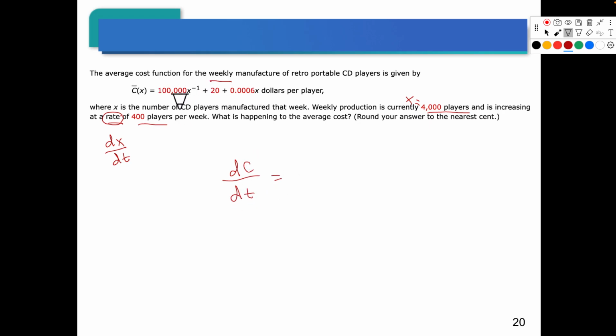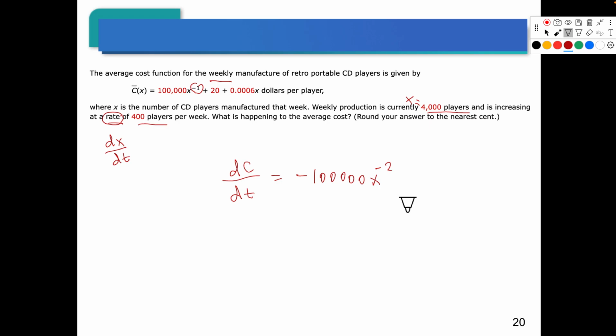We take the derivative, so we've got 100,000 x to the minus 1. So remember that this exponent is going to come down in front. So we'll have negative 1 times 100,000, so negative 100,000, x to what's the exponent up here? Negative 2. We're subtracting 1 from it, so minus 1 minus 1 is minus 2. Very good. And what else do we need here?